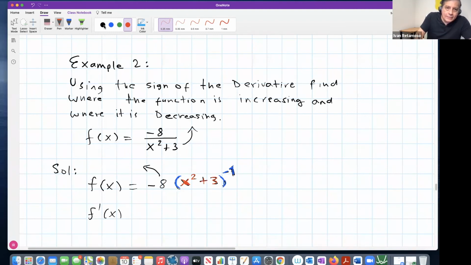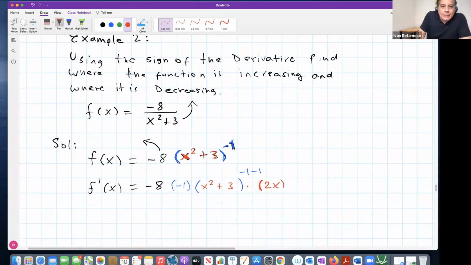The constant -8 comes outside. Derivative of the outside function is -1 coming down. You stay with one less here, -1, which is going to be -2. Keep the inside function here, x squared plus 3, and multiply this by the derivative of this inside function. The derivative of x squared is twice x, right? Twice x. So that's it, twice x here. This is the derivative, right?